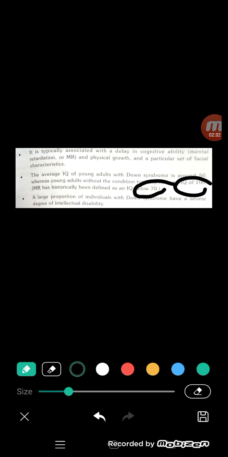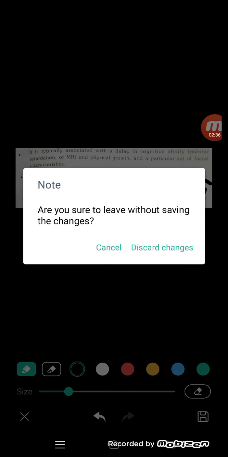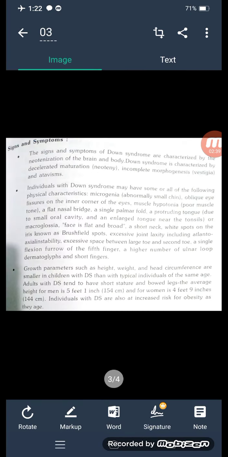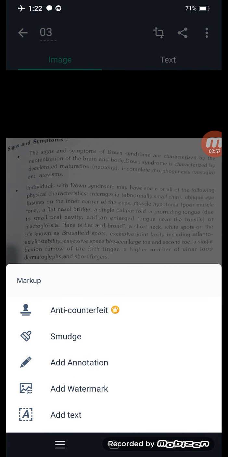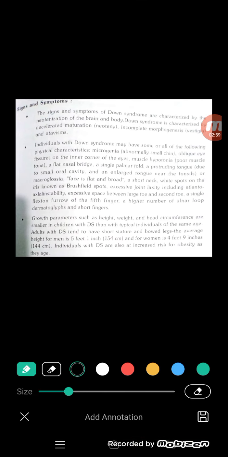A large portion of individuals with Down syndrome have severe disabilities. What are their signs and symptoms? Down syndrome is characterized by neotenization of the brain and body, which means incomplete maturation and incomplete morphogenesis.